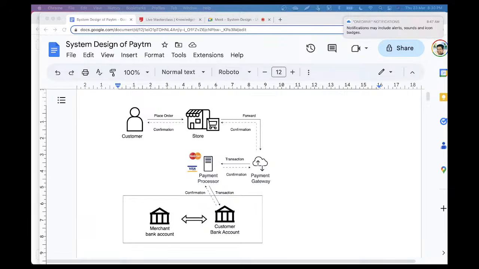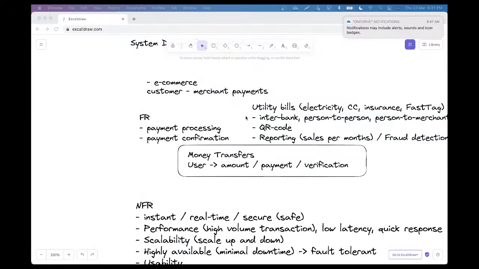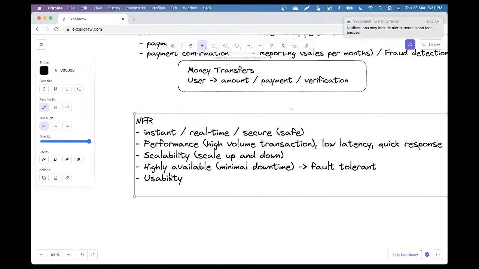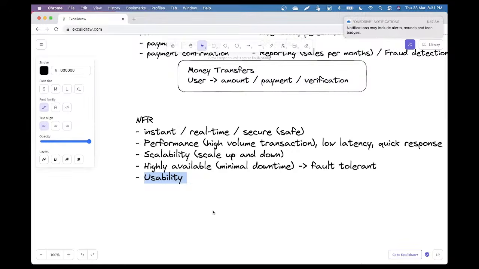As I said, one of the important non-functional requirements is usability. So to improve usability, the other alternative is you just scan the QR code. When you scan the QR code, you don't have to type anything.